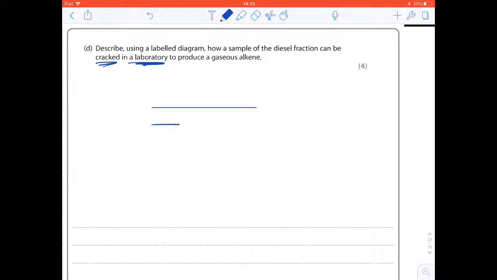So you've got a test tube clamped horizontally with a bung in it and a delivery tube. At the end of the tube, you'll have your diesel.